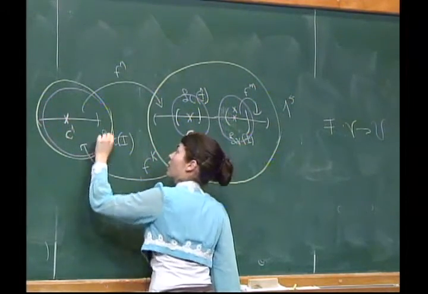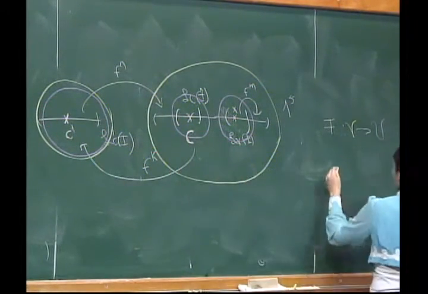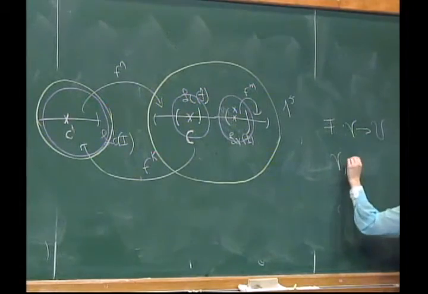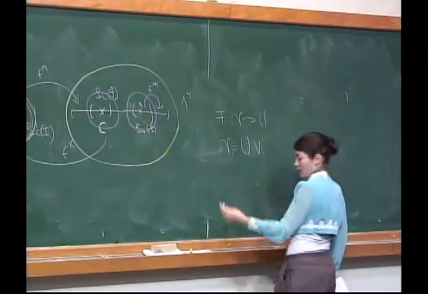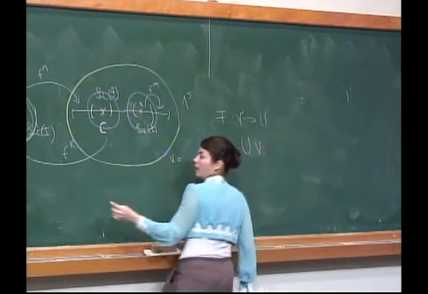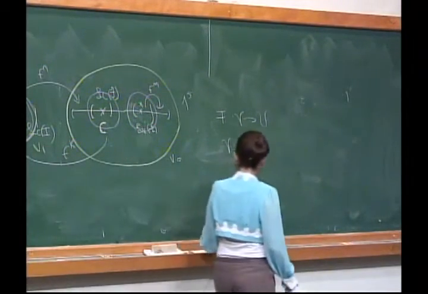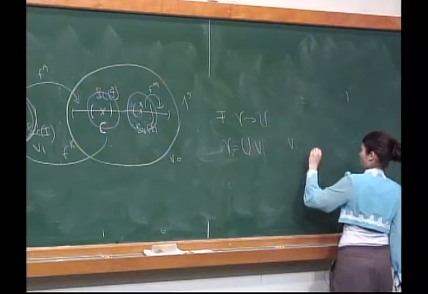So B is equal to the union of some B_i. In this case, let's say it's B_0 and B_1. So the B_i are topological disks.